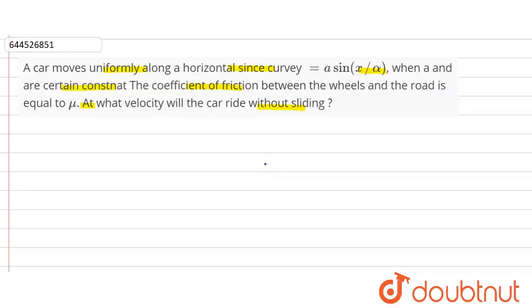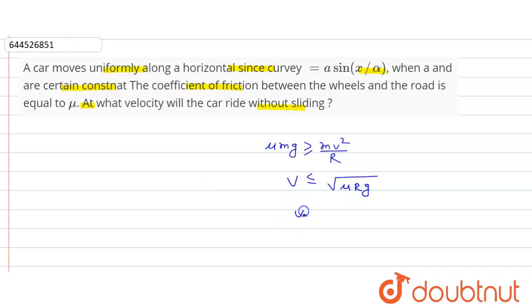So from the equation we can write mu mg is greater than or equal to mv squared upon r, so v is less than or equal to the square root of mu r g.